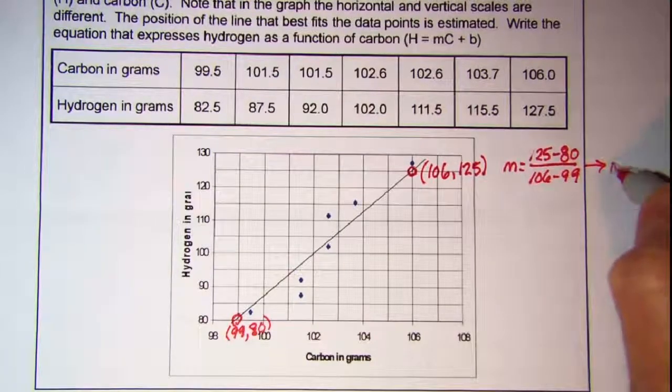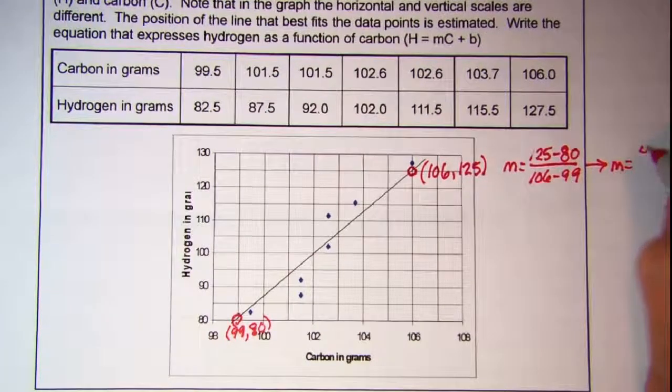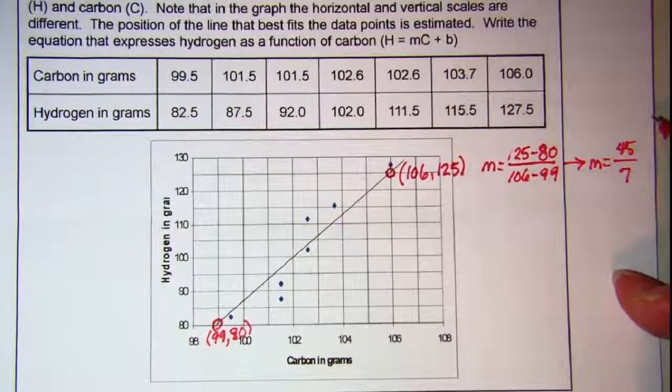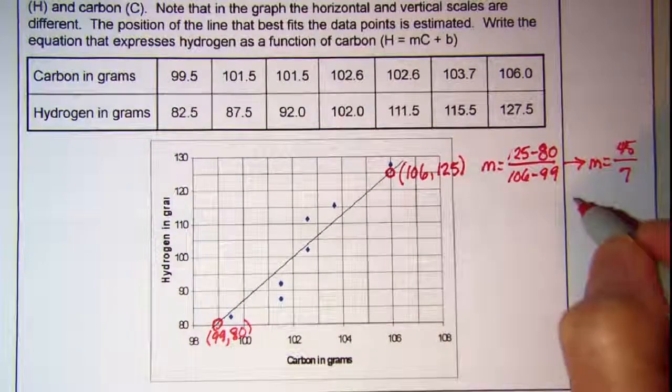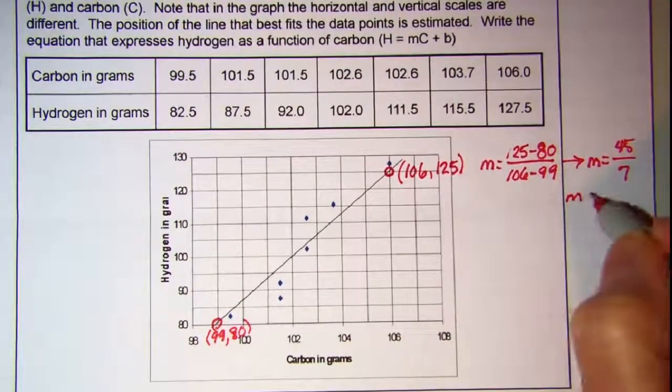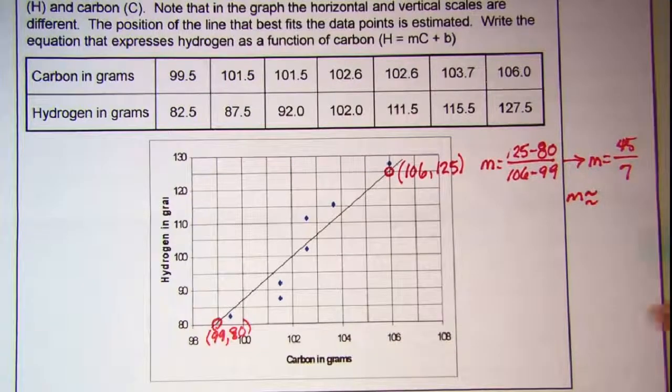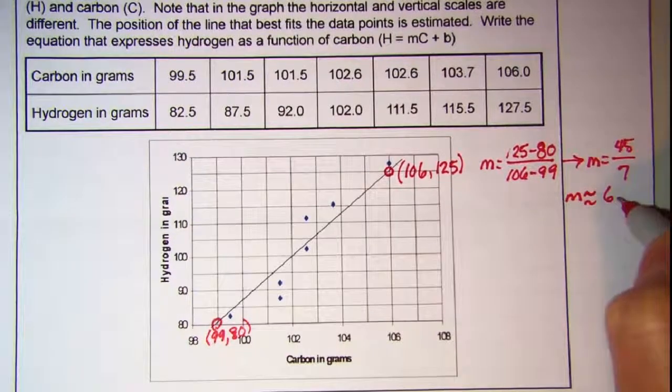This gives us a slope of 45 over 7. Now, I'm going to use the 45/7 when I'm working my equation, but in my answer, I want this slope rounded to about 6.4.